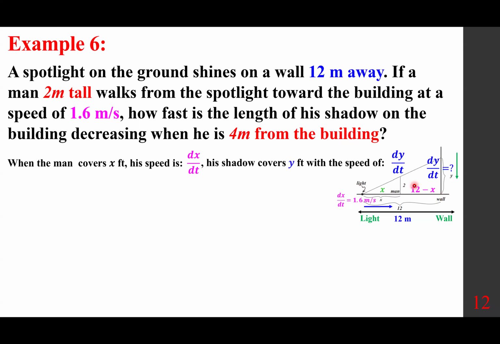This is the distance he has from the building when 12 minus x is 4. So it's important to understand: he is 4 meters from the building, that means the distance from the man to the wall, 12 minus x, must be 4. That's the meaning of it.